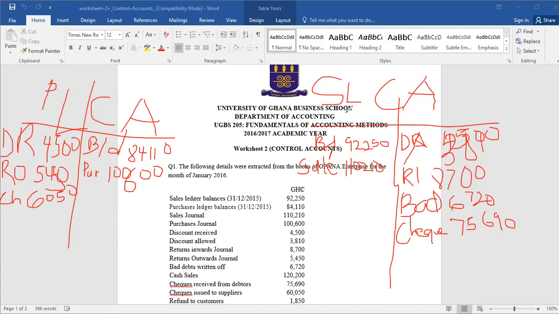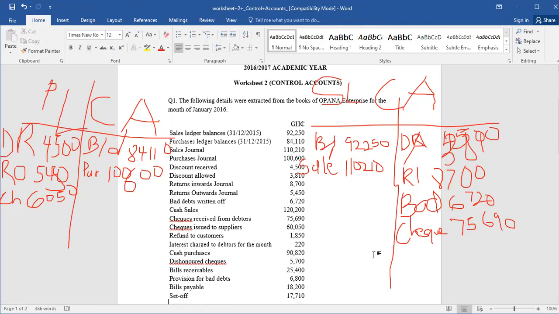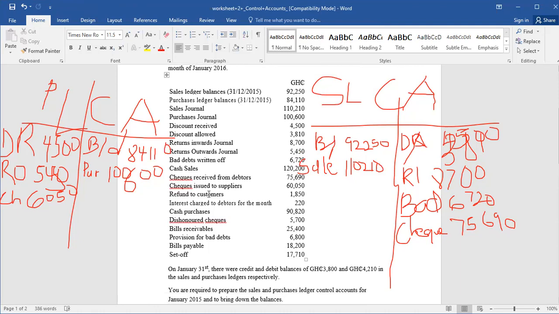Then we can look at refund. Let me go down and see what's there. Refund to customers. Okay. So say the person came to pay, but you said no, you really like the money, so you returned it.